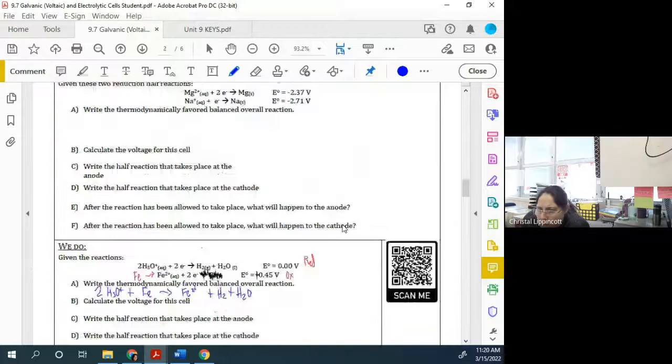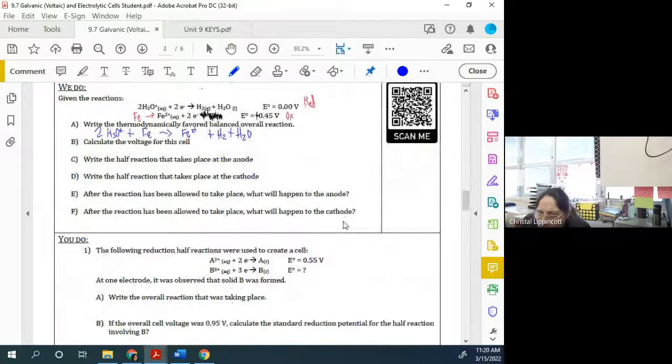All right, we're on to this guy. So calculate the voltage. All we have to do is add these up. So this is 0.45 volts. Write the half reaction that takes place at the anode. Half reaction at the anode is oxidation, so this is going to be my letter C here. And then write the one that takes place at the cathode.